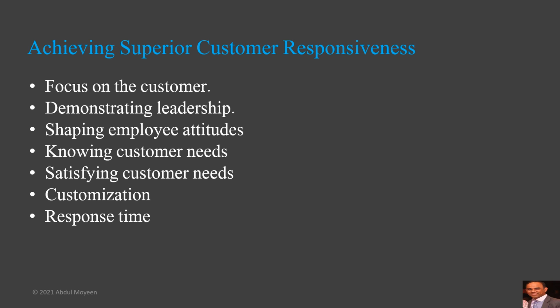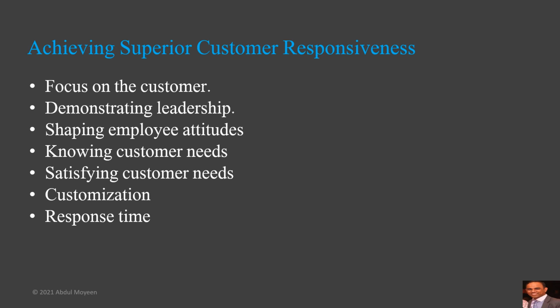It should give the customer the quality of products that they want. So the company should be focusing on superior quality, and it also needs to develop new products with new features that the customer wants. That means the company needs to focus on superior innovation.